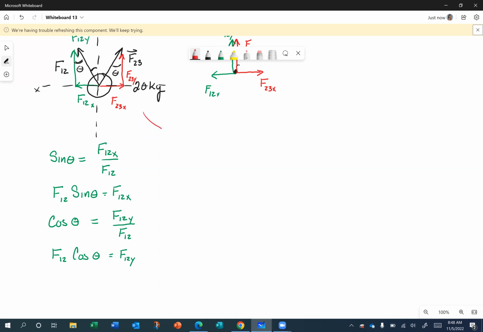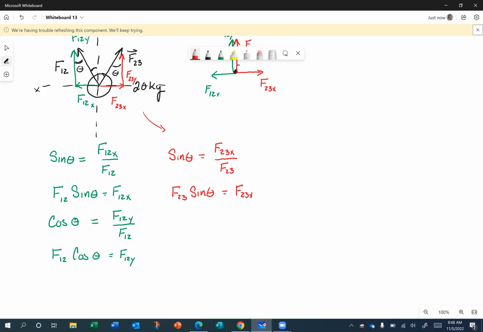So looking at this direction, we're going to have, again, sine theta is equal to the opposite side, f(2,3)x divided by f(2,3). f(2,3) sine theta is equal to f(2,3)x.